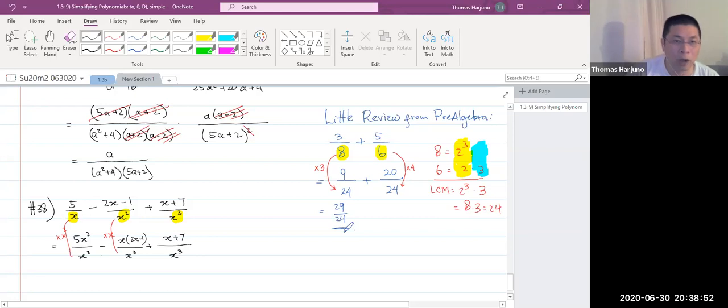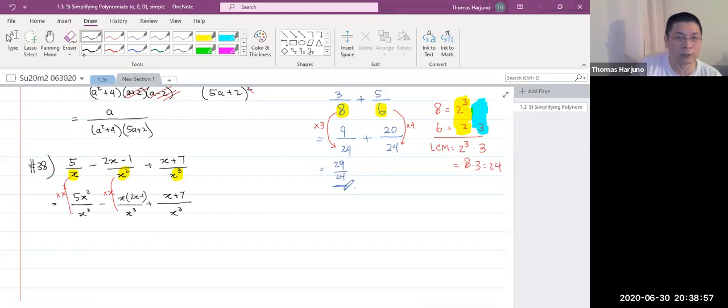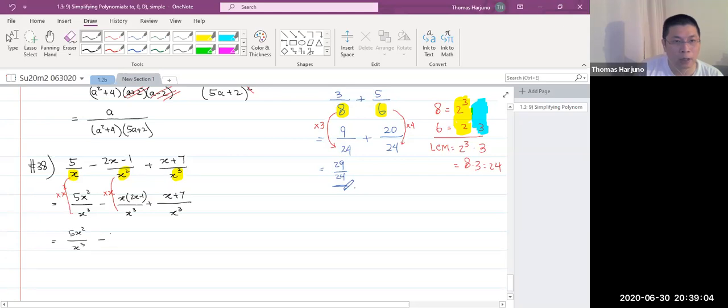So I now have the LCD with all the numerators already adjusted. Let me make it nicer first. 5x squared over x cubed minus 2x squared minus x over x cubed plus x plus 7 over x cubed. Now put them together. 5x squared minus 2x squared minus x plus x plus 7.